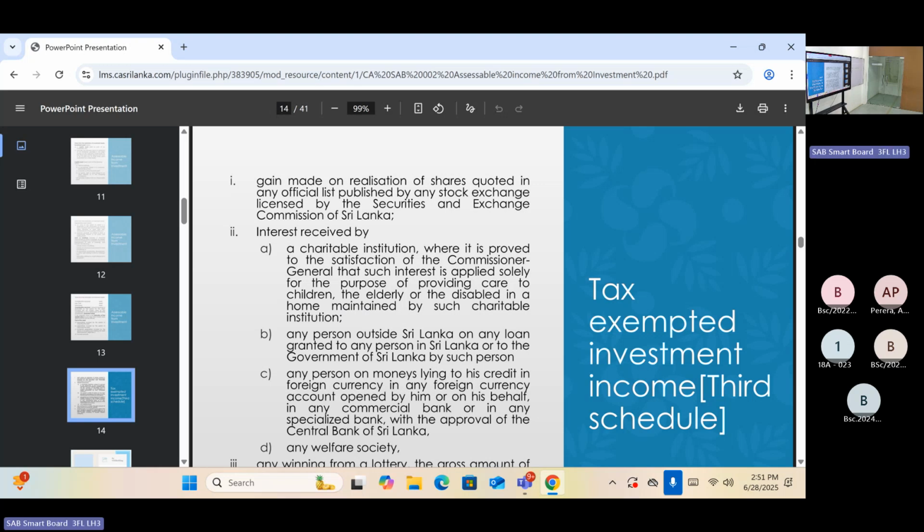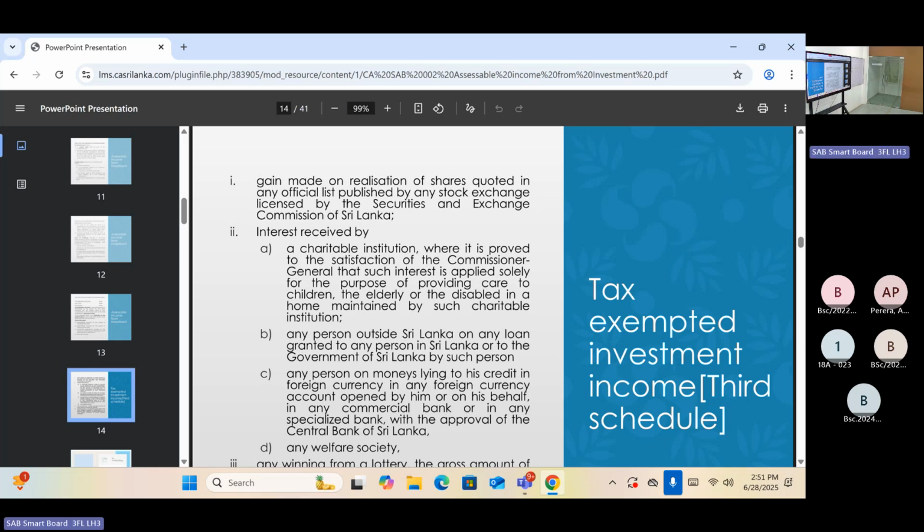So one thing is the share market was not performing well. Therefore, we need to develop the share market. Second thing is share market transactions are subject to the share transaction levy.